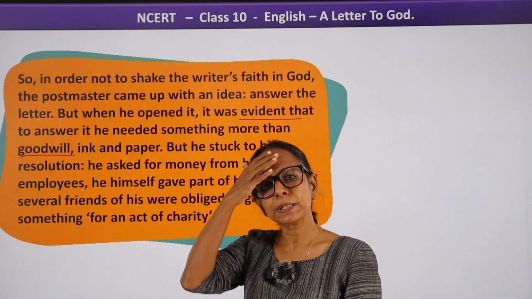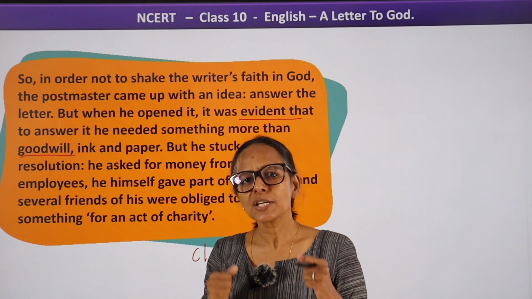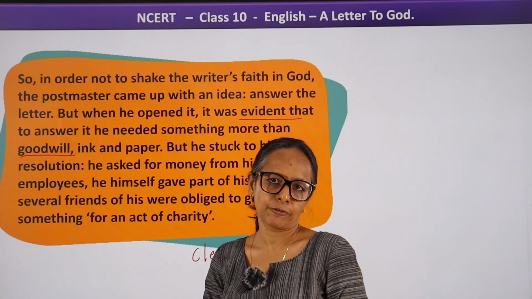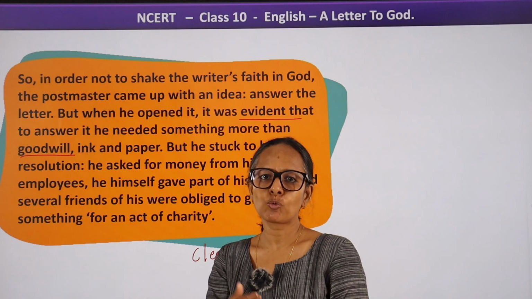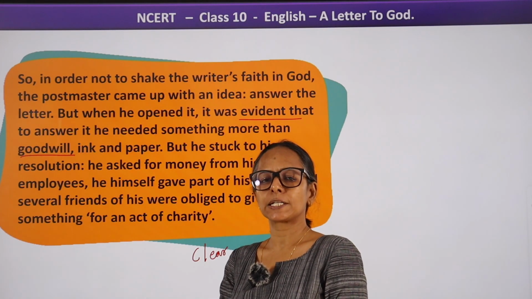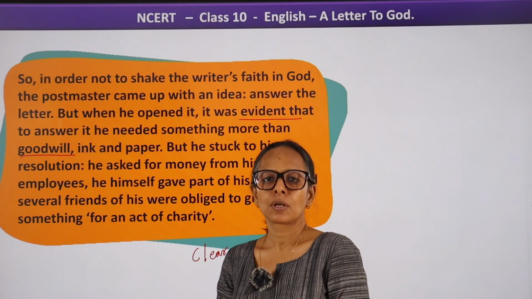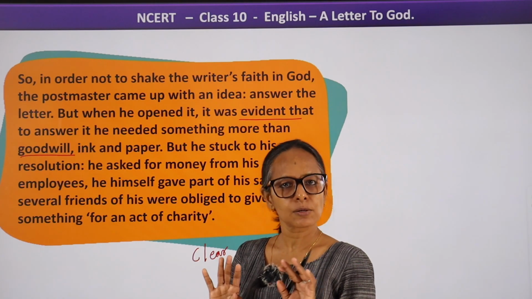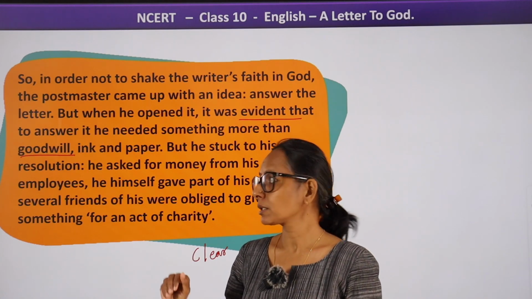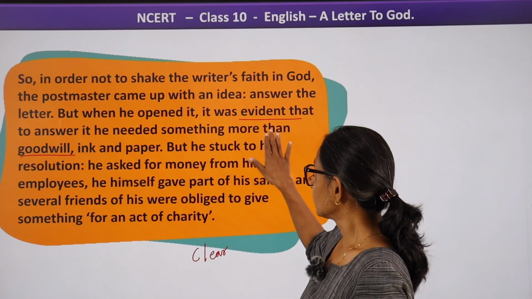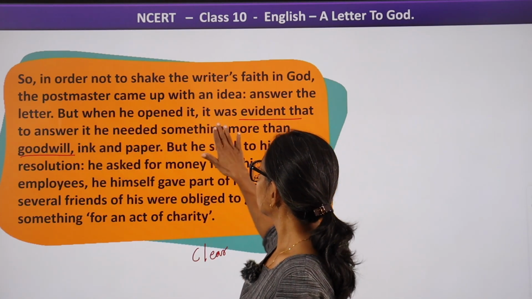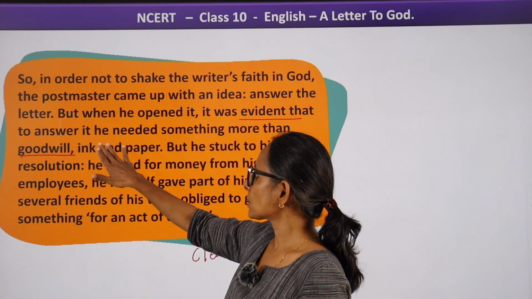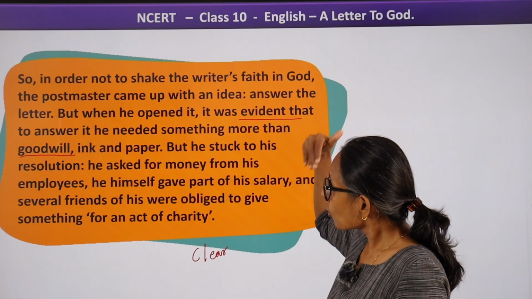So once he opened the letter, he realized that just good wishes will not be enough. Why? Because what did Lencho ask for in this letter? He had asked for 100 pesos. So the postmaster realized that just good wishes at heart is not going to be enough to answer this letter. So it was evident that to answer it, he needed something more than goodwill.